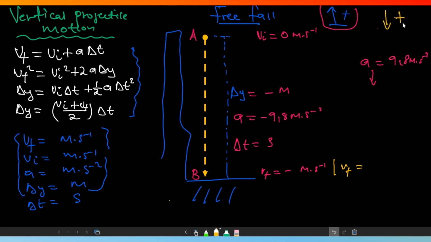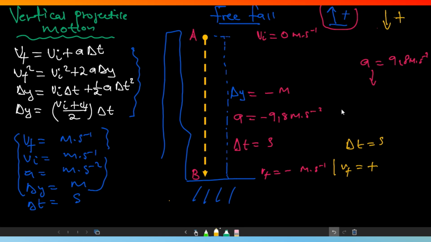Then the final velocity, coming from A to B, is pointing downwards, so it is positive. The time also always remains positive because it is not a vector.